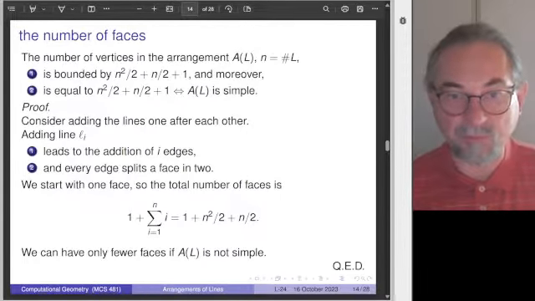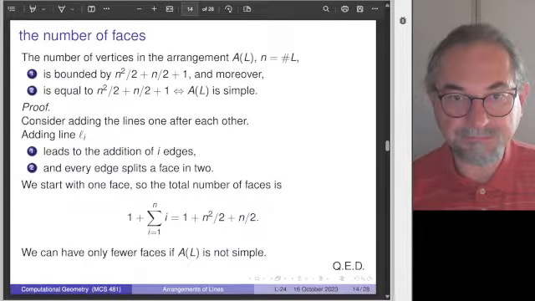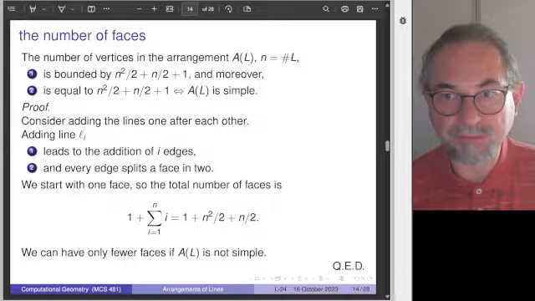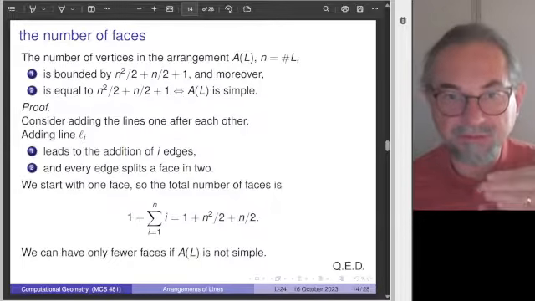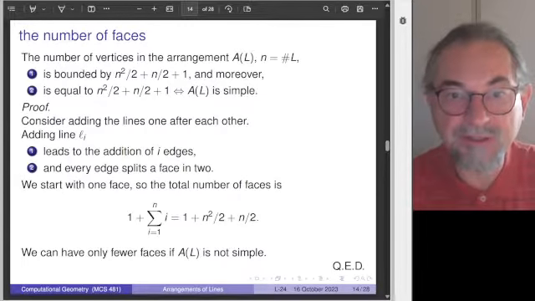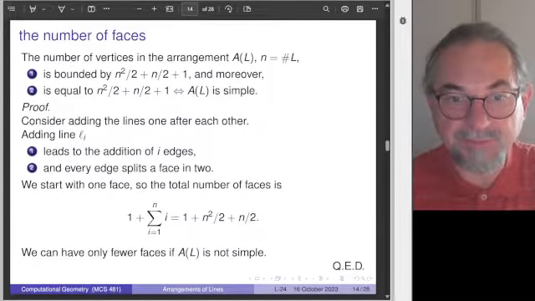We started with one face. That face gets split in two, and then that other face also gets split in two, etc., etc. So the number of new faces that gets added is given by this formula.